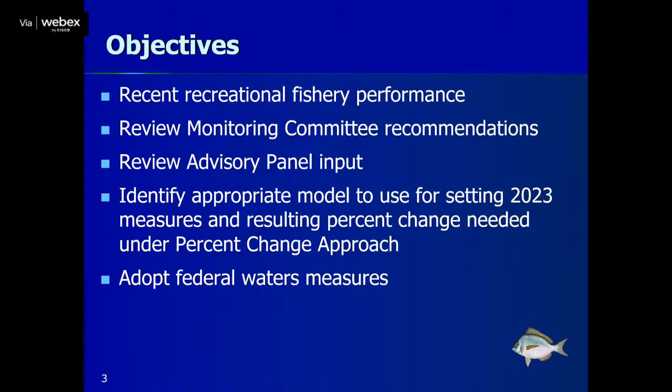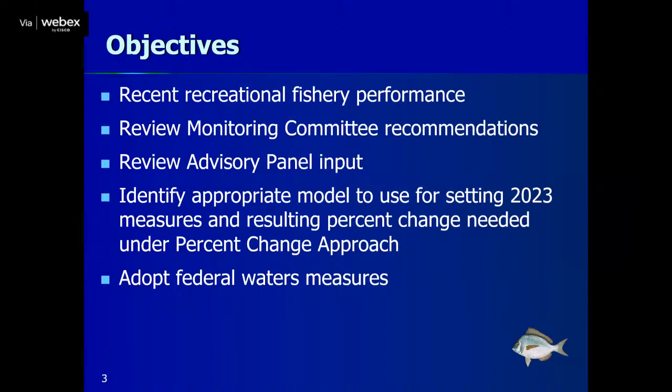Thanks, Mr. Chairman. So Hannah, this is a follow-up question. Under a scenario in which these two bodies decided to adopt the RDM recommendation and a 10% reduction in harvest, we would have to vote up measures today to achieve a 10% reduction in federal waters for recreational scup. What options do we have available to us for those measures at this point?